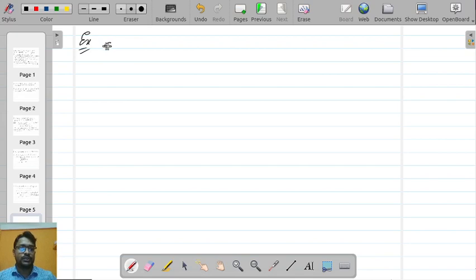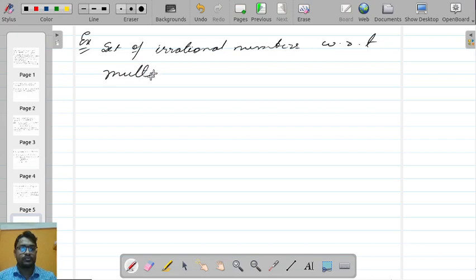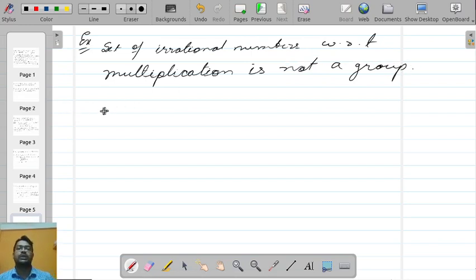Let us see some more examples. The set of irrational numbers with respect to multiplication is not a group.